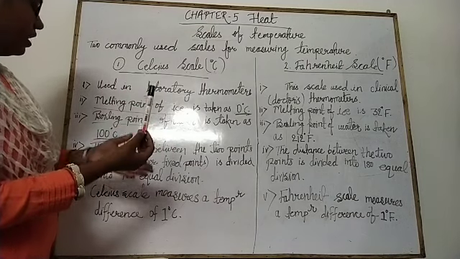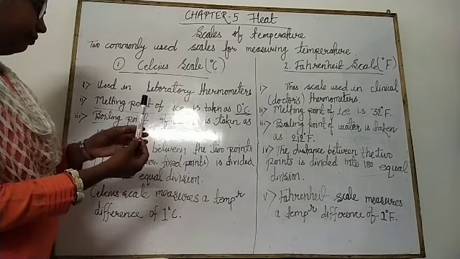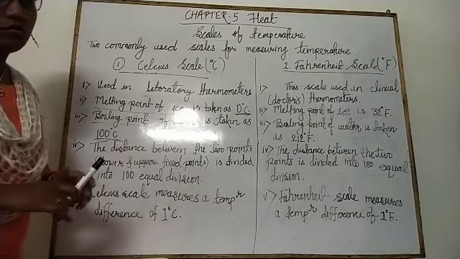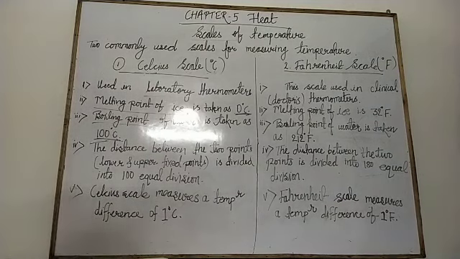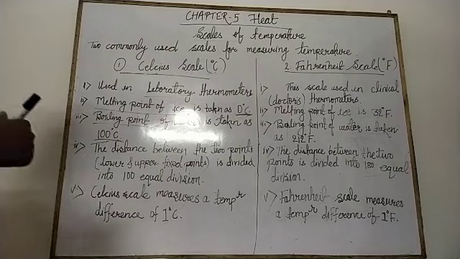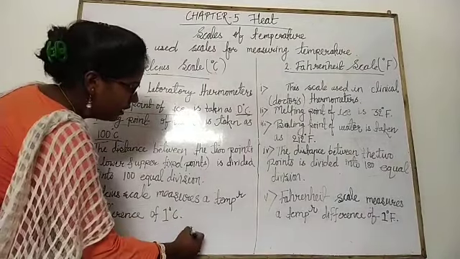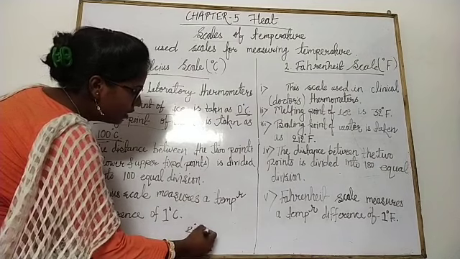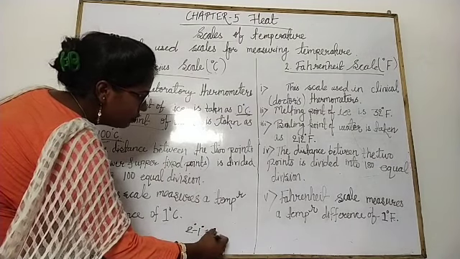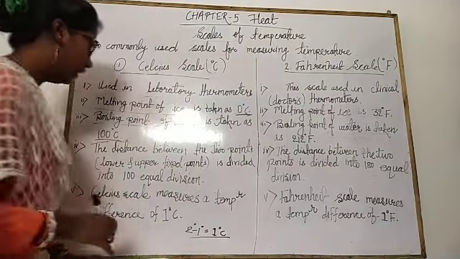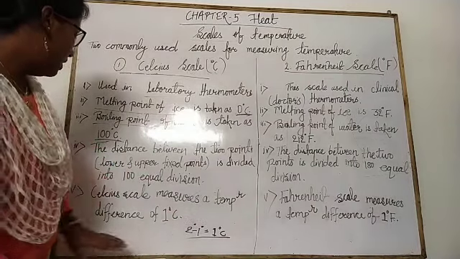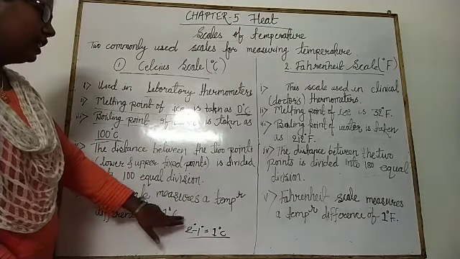If we subtract 1 from 2, the difference is 1 degree Celsius.